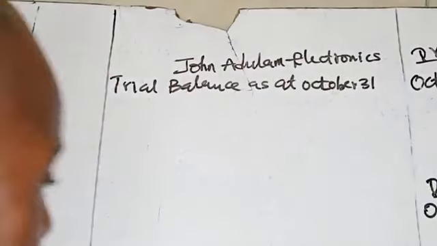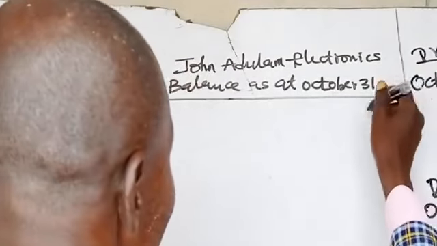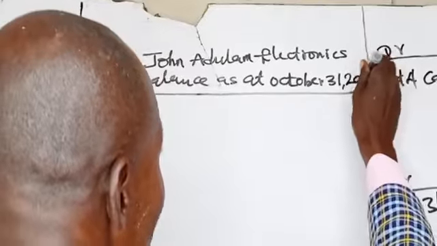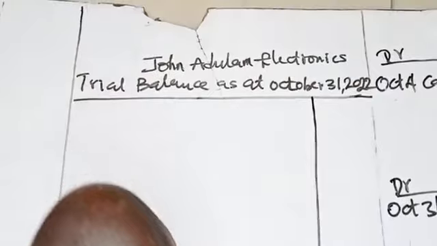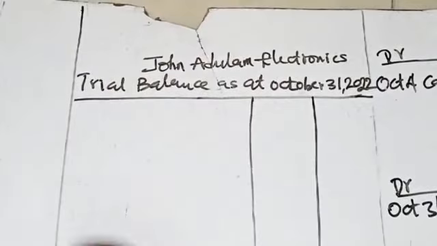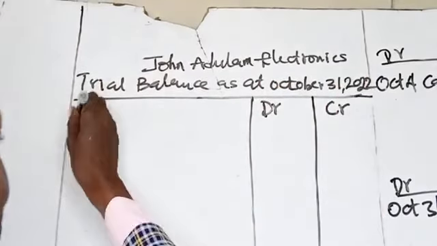Which year? I've rubbed off the beginning of the question, so you have to put the year, 2022. So we have the debit side of the trial balance and the credit side. This is the debit side and this is credit side.